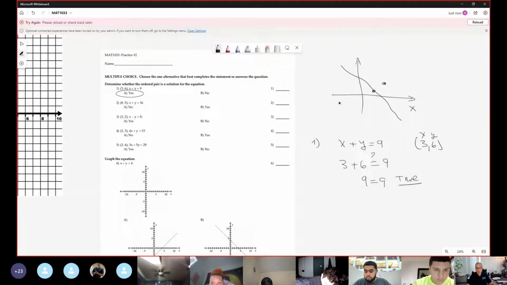Okay, so we continue, and you help me a little bit. In problem number 2, the given point is (8,5) and the linear equation is x plus y equals 16. It's obvious that no, because 8 plus 5 is not 16, it's 13.